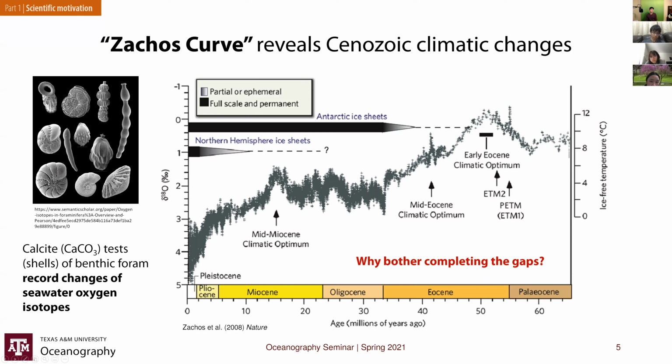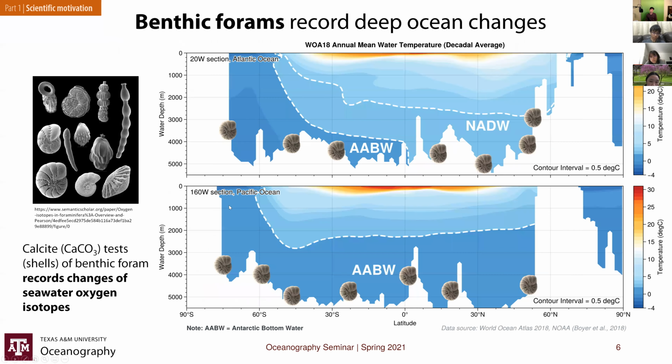So that's how we know that we have a warmer period and we're getting cooling over the last 66 million years. But as the name of these organisms suggests, these benthic organisms live at the bottom of our world ocean.